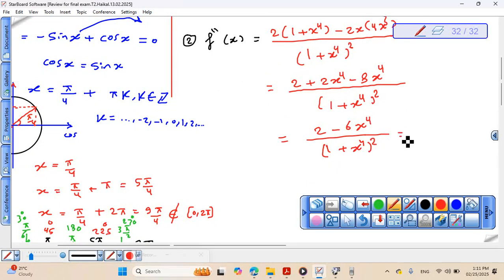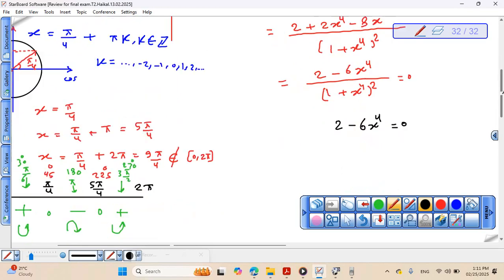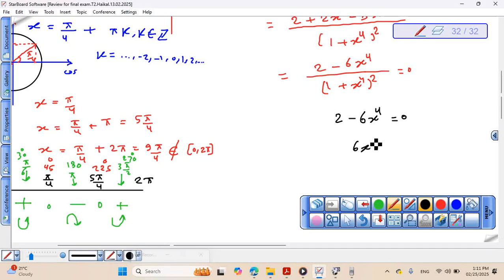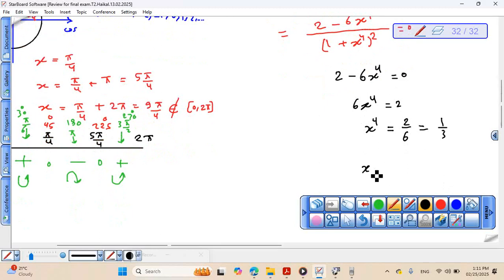Make this equal 0. That means the numerator equals 0 here. This is 2 minus 6x to power 4 equals 0. That means 6x to power 4 equals 2. X to power 4, divide both sides by 6, equals 2 over 6, which equals 1 over 3. Then we can find x equals the fourth root of 1 over 3.